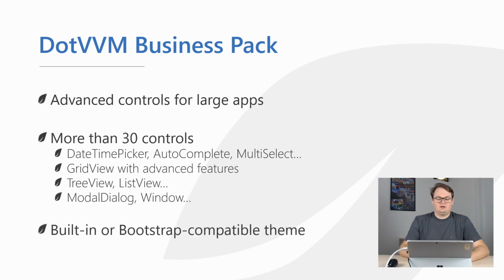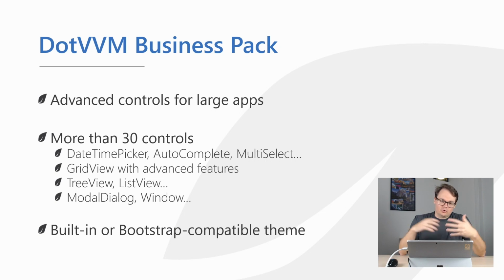So you can use that, and it is also themeable, so you can use either our own theme which we have developed and which we have used on several projects, or there is a Bootstrap compatible theme. So if you are using Bootstrap, you can also convince these controls to look like they are part of Bootstrap.